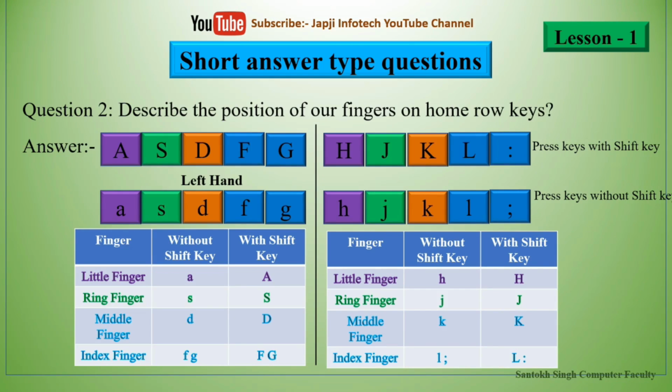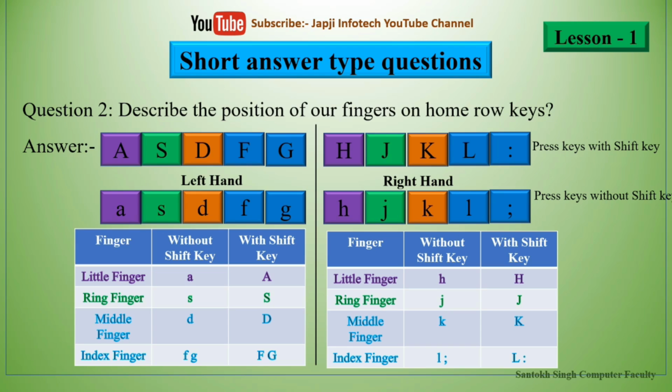Now our second question is: describe the positions of our fingers on home row keys. The home row finger position is shown in the following picture. Place your fingers in the home row position on your keyboard.